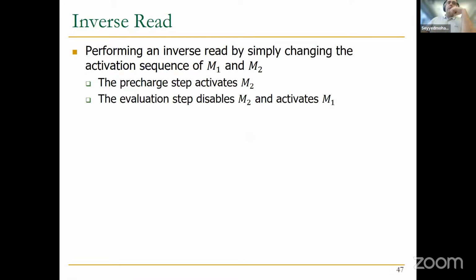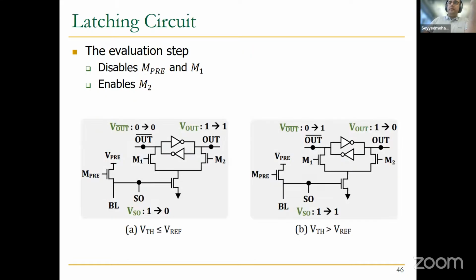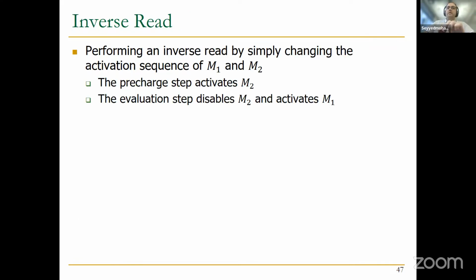Okay. So an interesting point here is that you're also able to do inverse read with this sensing circuitry, and with that, you can also easily enable the NOT operation. Inverse read means that when you store 1, you read 0, or if you store 0, you read 1.